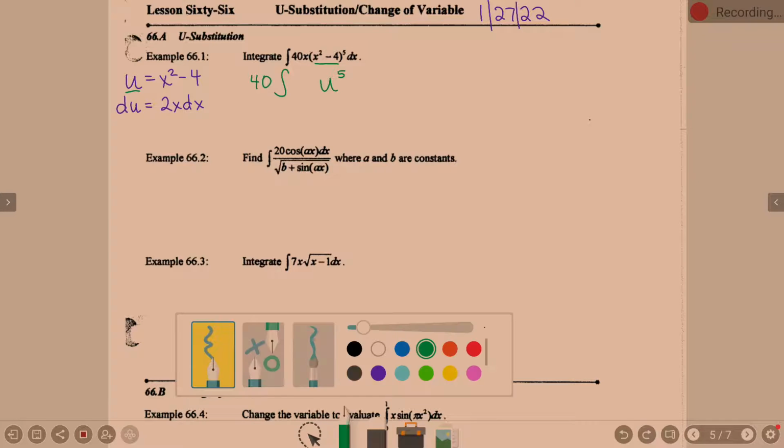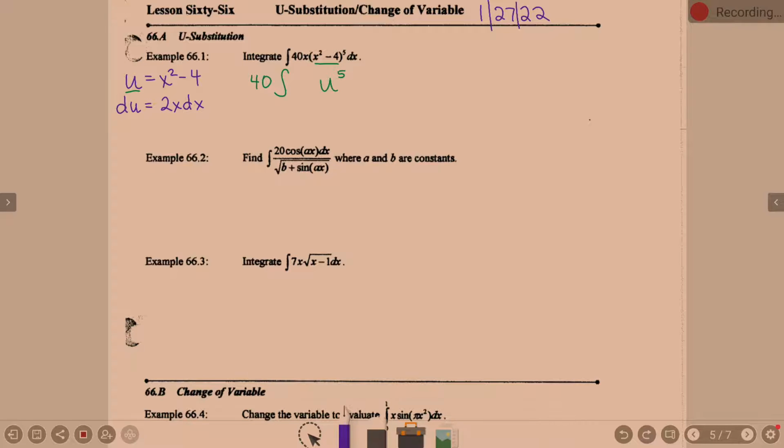Now, what we need to figure out is what other pieces have I not accounted for yet? The x and the x dx. So this is where we go back to our side work. What does x dx equal? We have 2x dx equals du.